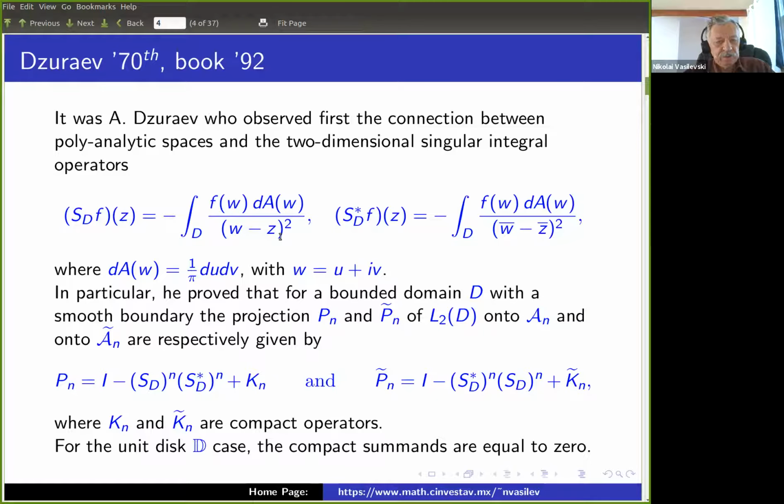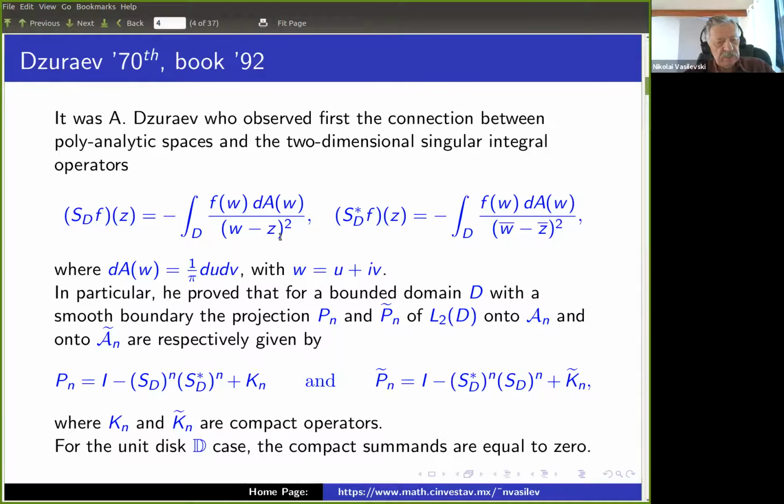What he found is that the orthogonal projections P_n and P tilde_n can be expressed in terms of these two-dimensional singular integral operators plus some compact summand, which may vary when the domain D varies.